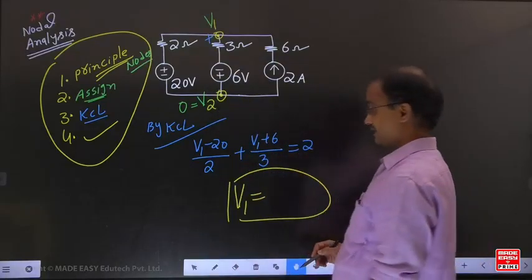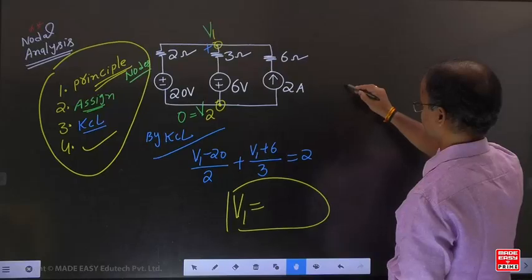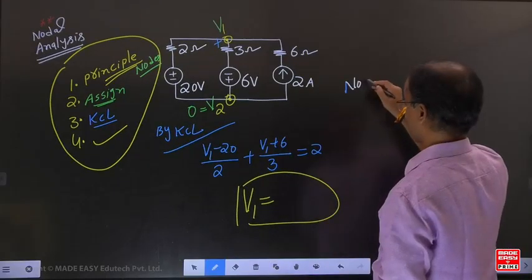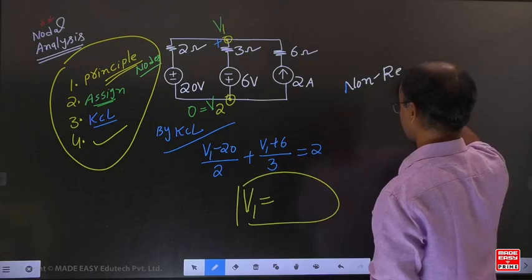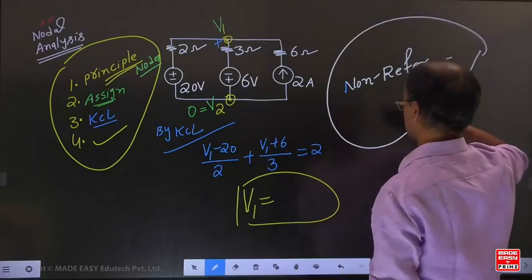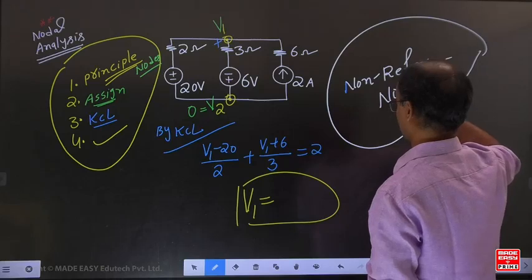Next point: develop the KCL equation at each non-reference node.